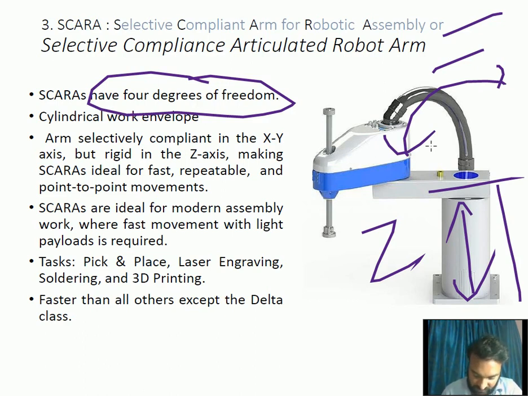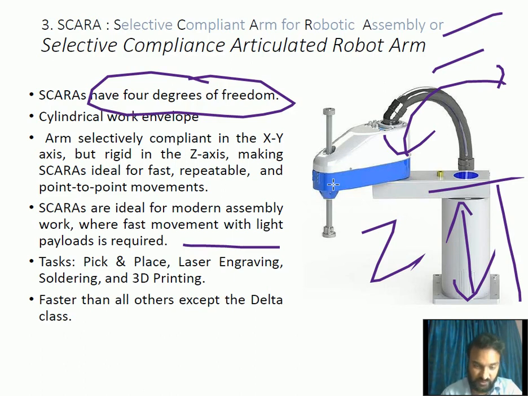Okay, so this one is again used for modern assembly, where there is fast movement with a light payload. It means we cannot attach a heavy load. With a light payload we can use this robot.